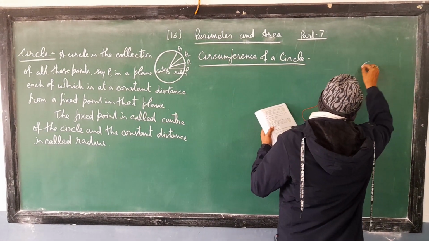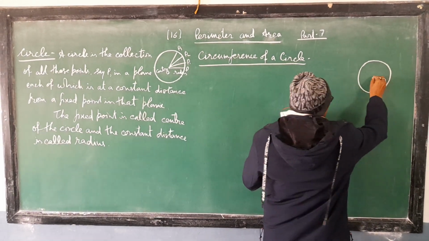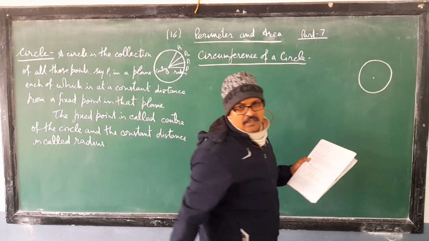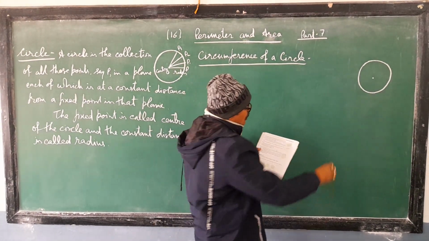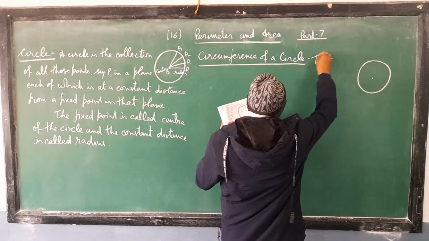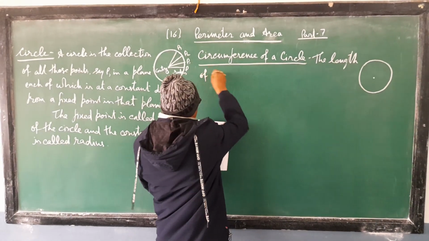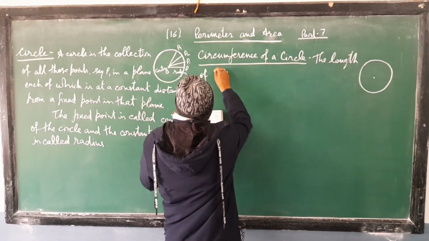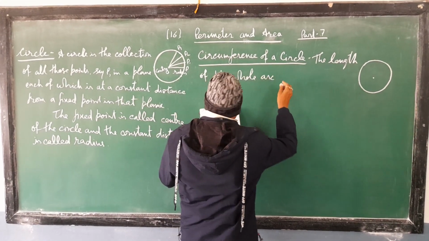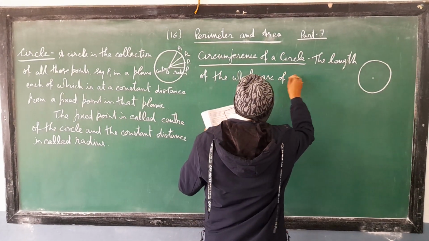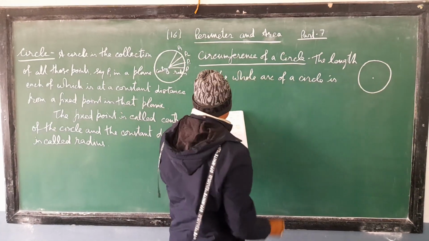See, this is a circle. This length is called circumference. The length of the whole arc is called its circumference.